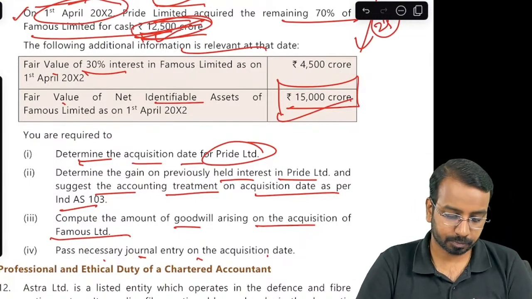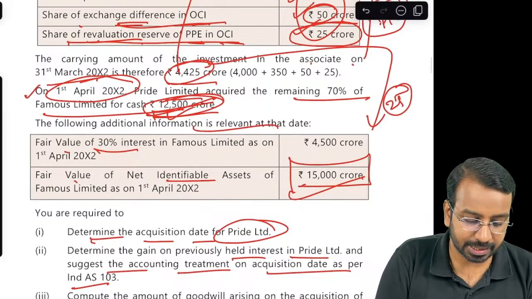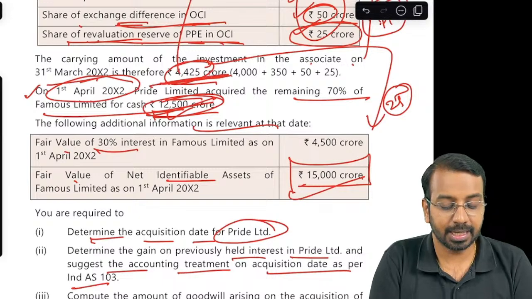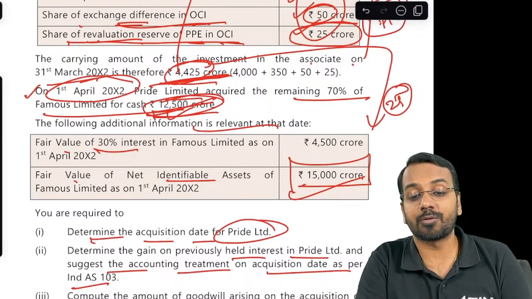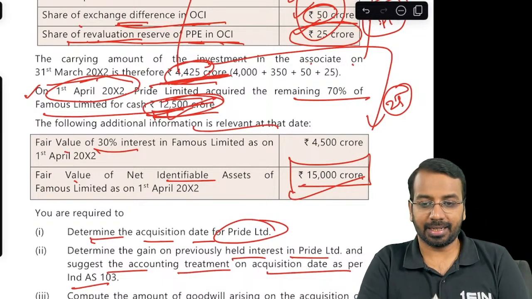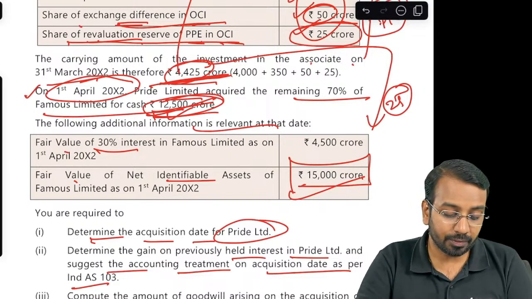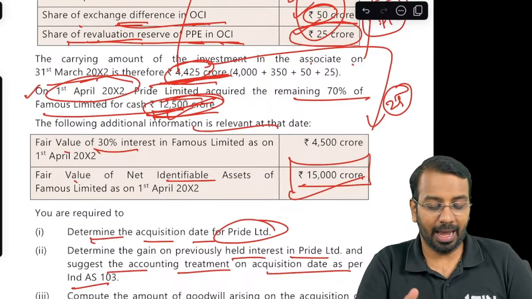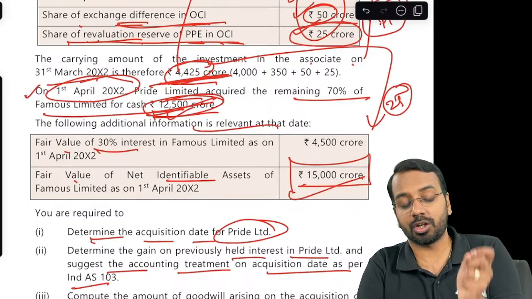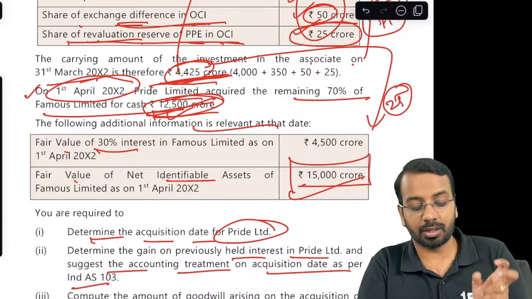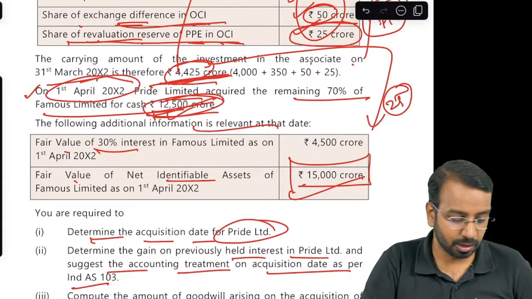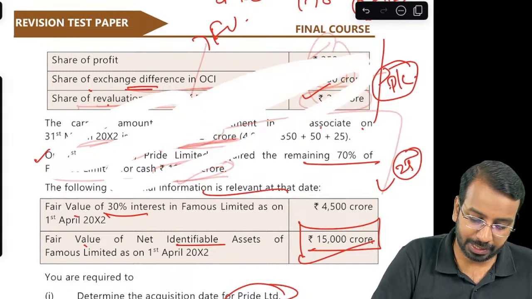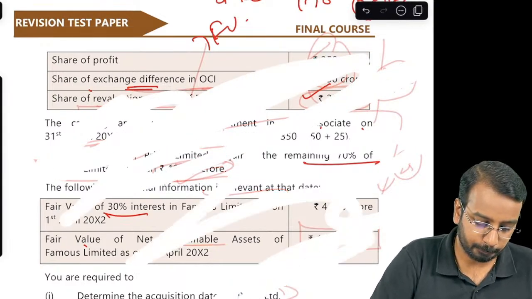Then we will de-recognize the existing stake that we hold, 4,425, that is the carrying amount in the books for the associate. Whatever is the gain or loss will be recognized in the P&L, and we will also do the reclassification of the revaluation reserve which is lying in OCI. So basically all the existing components will be de-recognized. So let me pass the entry for that.